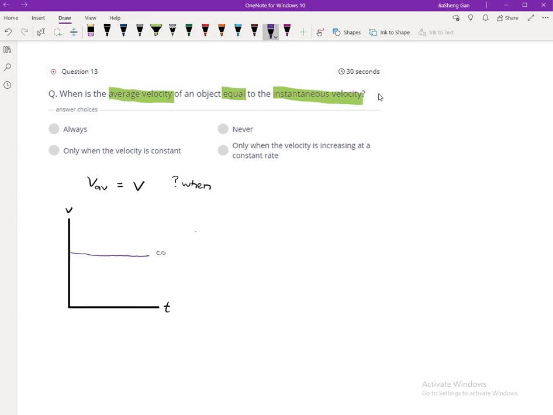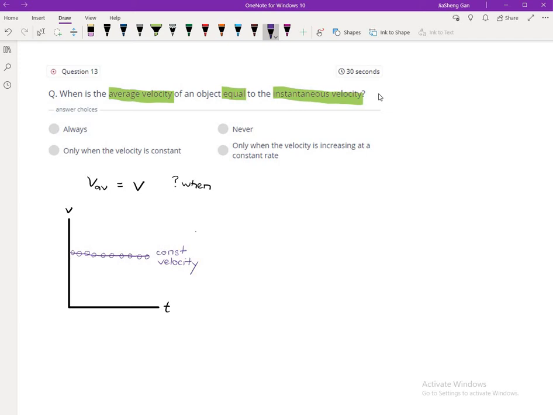Okay, this means constant velocity. So if a velocity is constant, it's like these little dots. I have told you in class before that actually a line graph is basically just a series of dots being connected together. So each particular dot represents the instantaneous velocity at one moment.